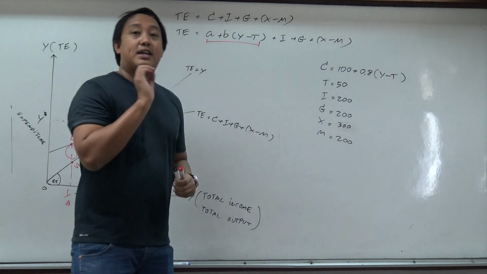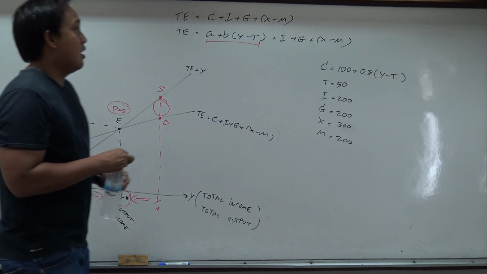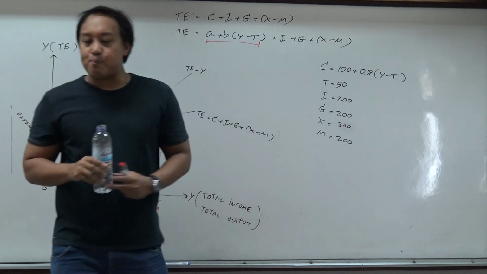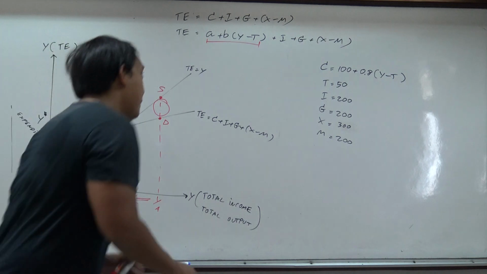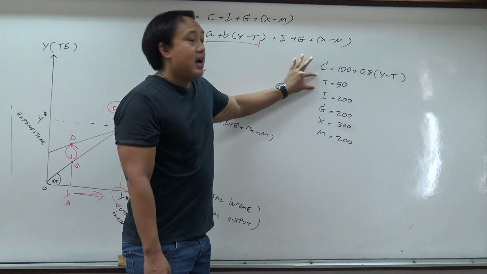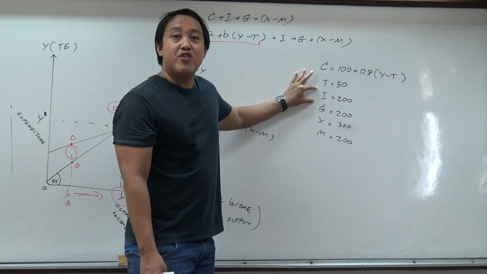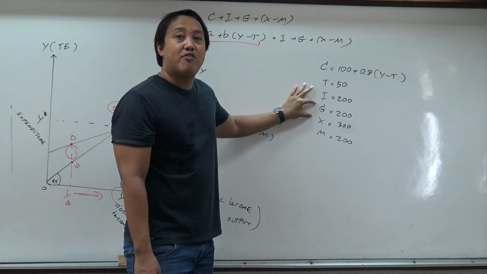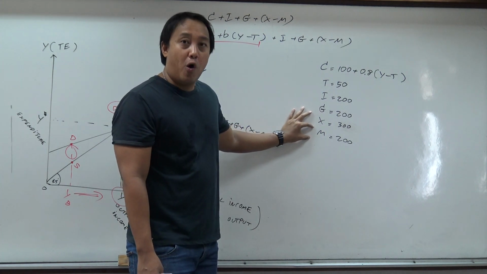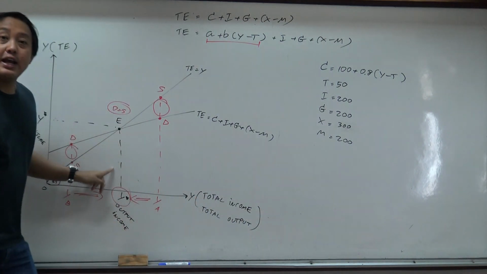If I give you some numbers over here, I give you the consumption equation, I give you the value of tax, in this example 50, I give you the investment, the government spending, the exports and the imports. So how do we solve the equation?